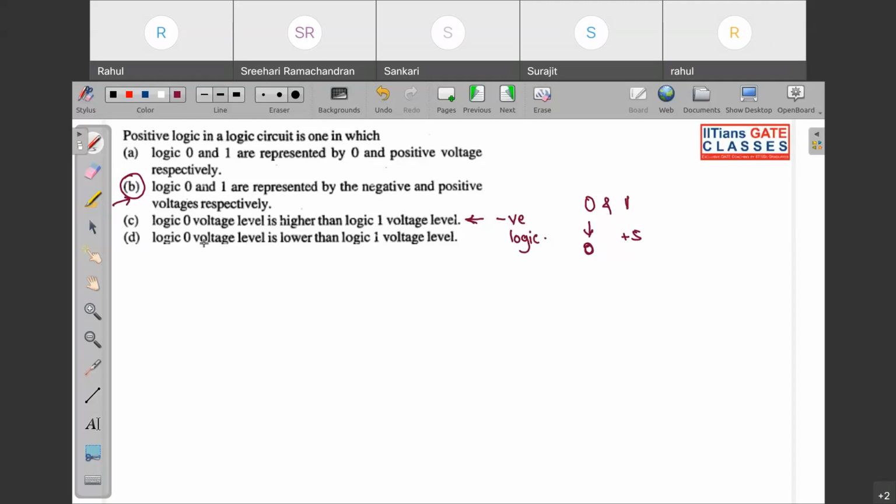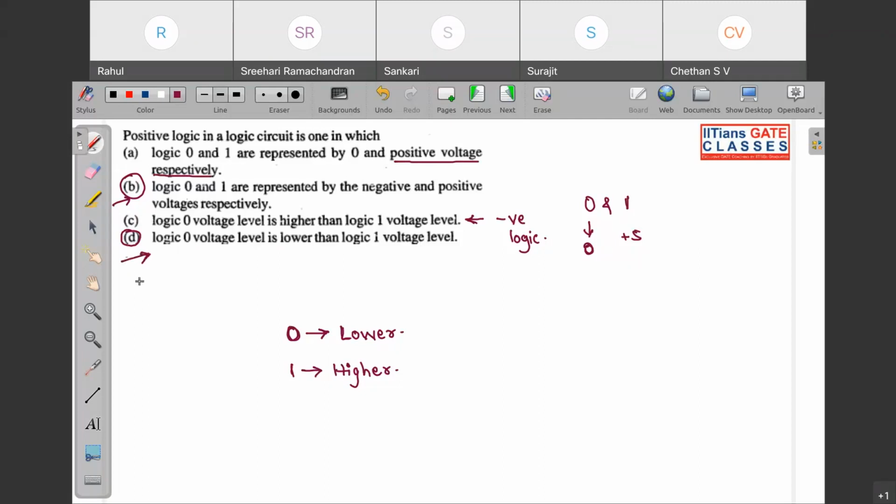Option D is: logic 0 voltage level is lower than logic 1 voltage level. Now in positive logic, I told you 0 corresponds to a lower level and 1 corresponds to a higher level. Option A says logic 0 and logic 1 are represented by 0 and positive voltages respectively. They haven't mentioned the positive voltage, but option D says logic 0 voltage level is lower than logic 1 voltage level.